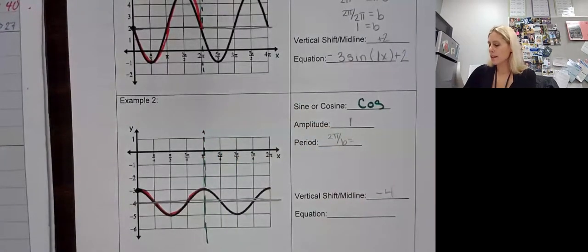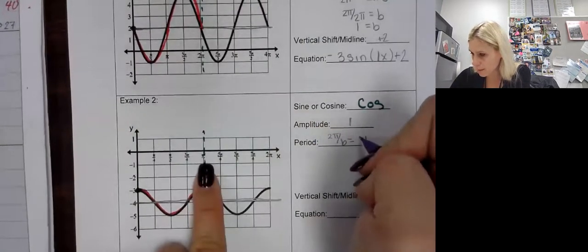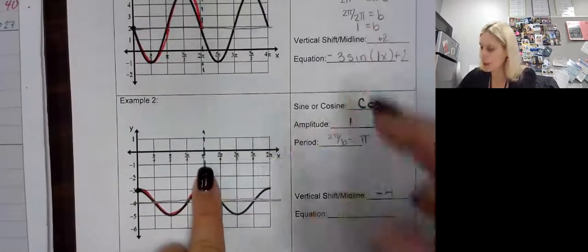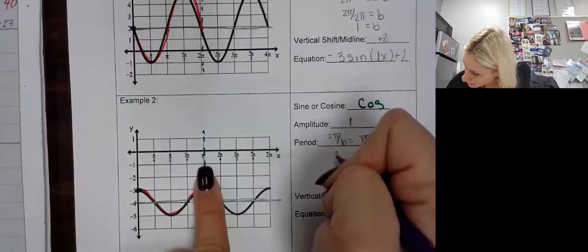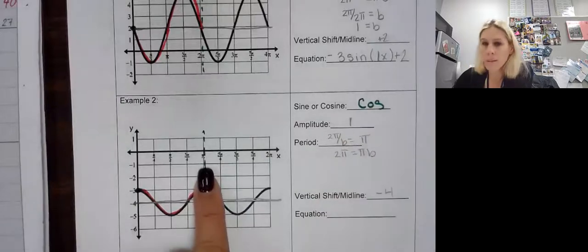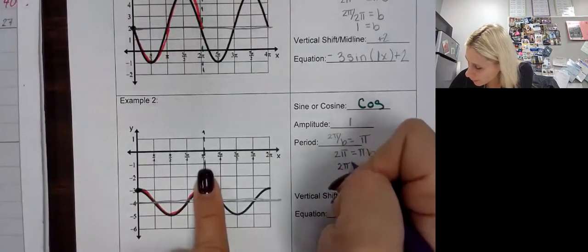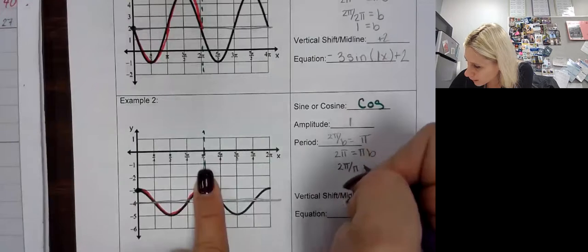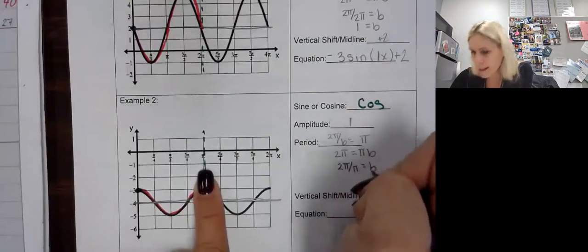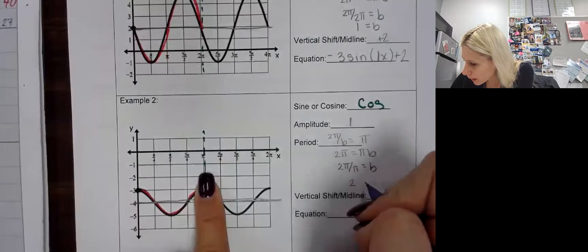Okay, so let's set this equal to pi, and then we're going to solve, just like I did up here. I'm going to multiply both sides by b, and then divide by pi to get b by itself. And what happens on that left side? Well, the pi's would cancel, so we get 2 equals b.